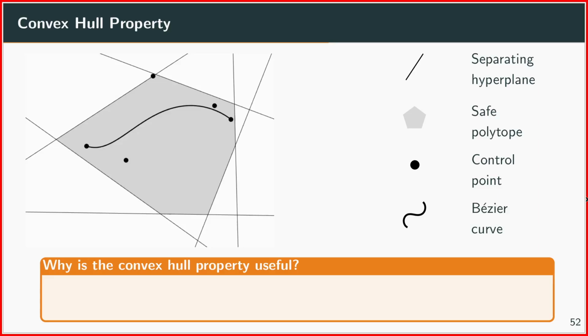And so the question is, of course, why is this convex hull property useful, especially for motion planning? Because it's guaranteed that if the convex hull of the control points doesn't collide with anything, the motion path will also not collide with anything. Exactly.